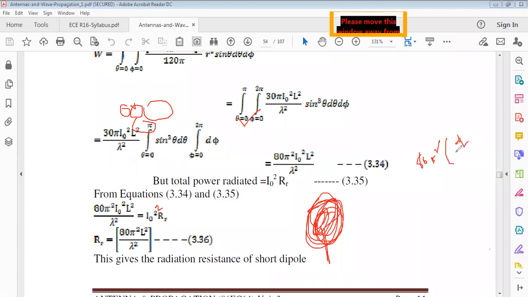This is dl by lambda whole square. This is 80, not 86. 85 square dl by lambda whole square into I naught square.